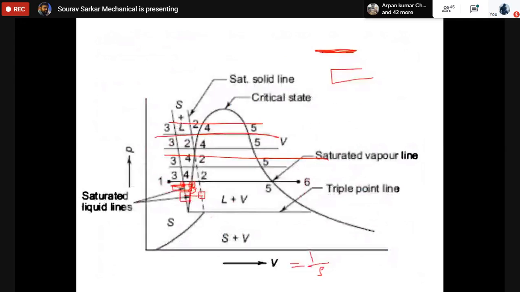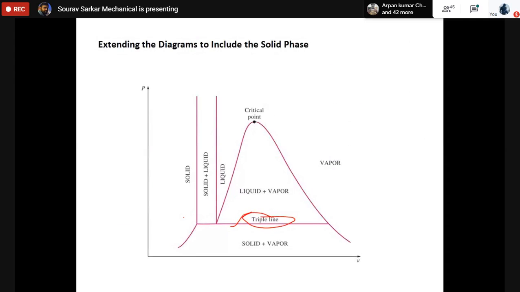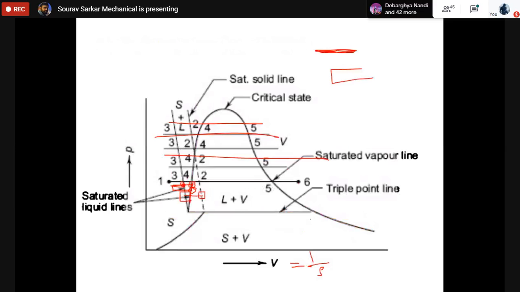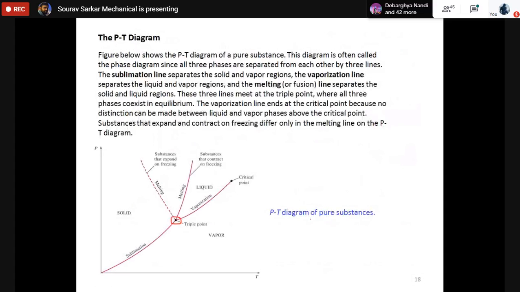Because during this phase change, the temperature is constant and the pressure is also constant. As pressure and temperature both are constant, this complete line is converted into a single point, because it has a specific temperature and a specific pressure.